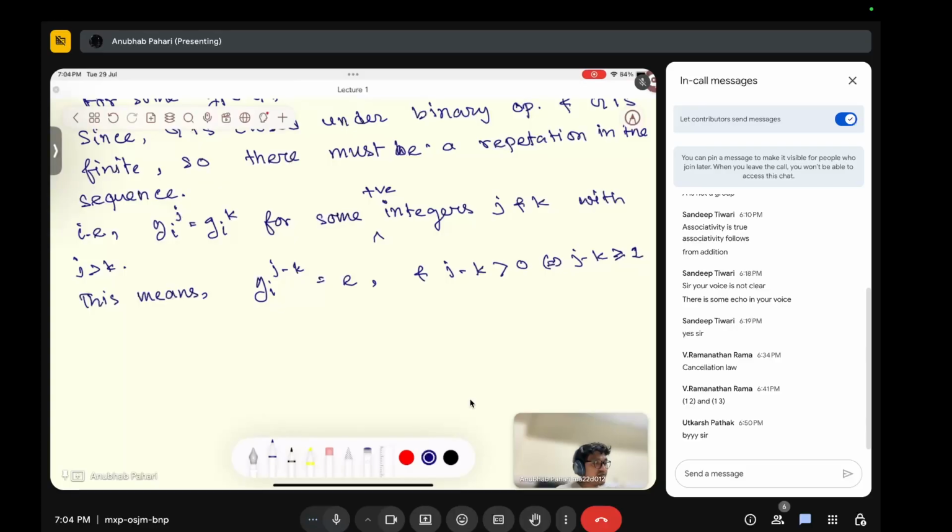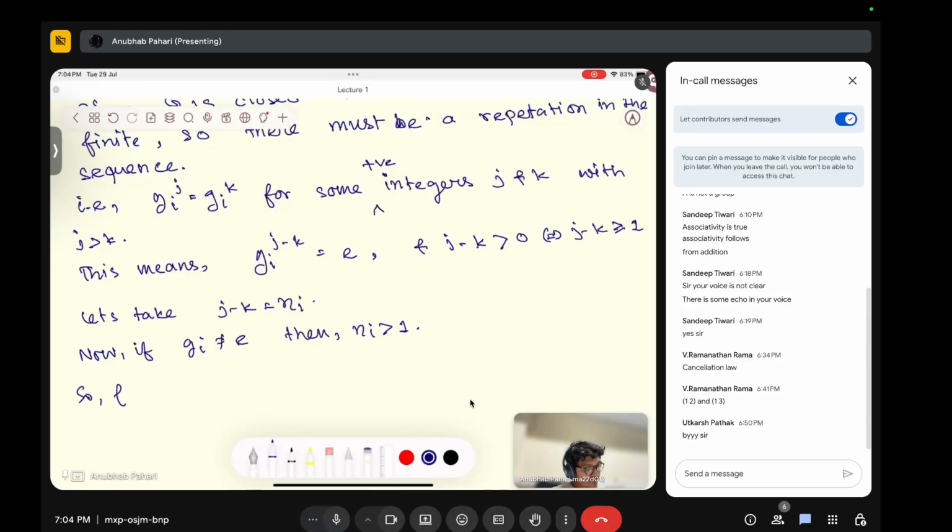So let's take j minus k as ni. Now, if gi is not equal to identity, then ni is greater than or equal to 1.